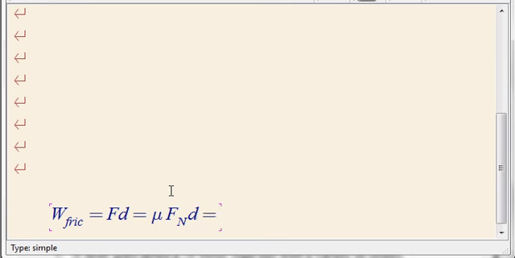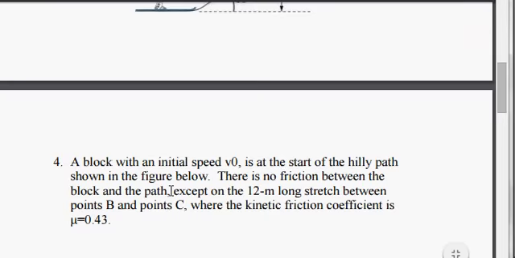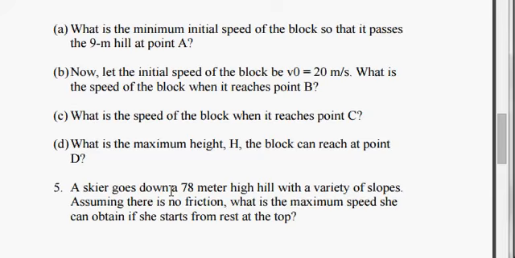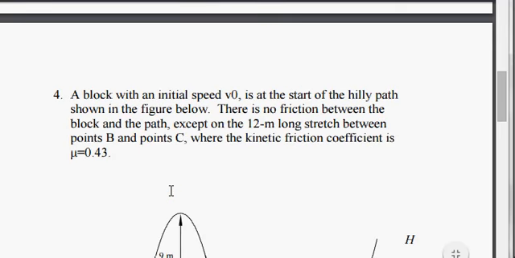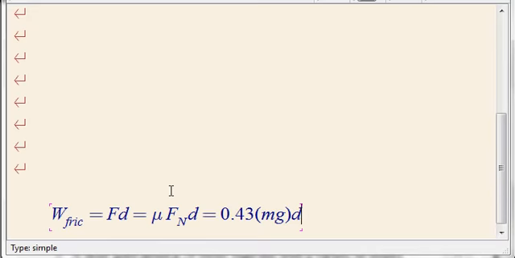And so mu is given, might be 0.43, okay. And normal force is just mg because it's flat and there's nothing else going on. And the distance is probably given. Yes, 12-meter long stretch. So that's how much energy is taken away.